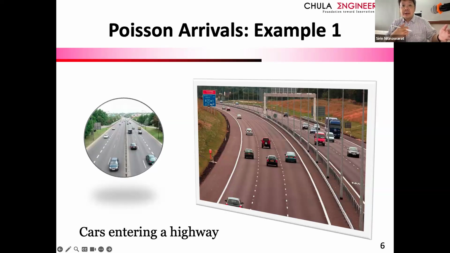Of the road section, to itself, right? And so many cars are coming in, right? And in almost all situations, the cars are coming in independently, right? They don't come with one another in the form of a caravan or something like that, right?